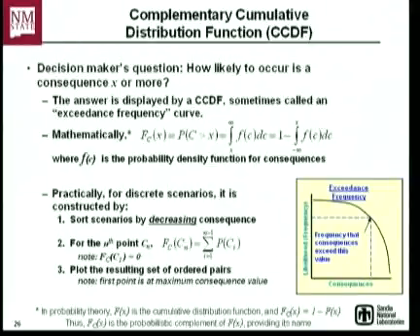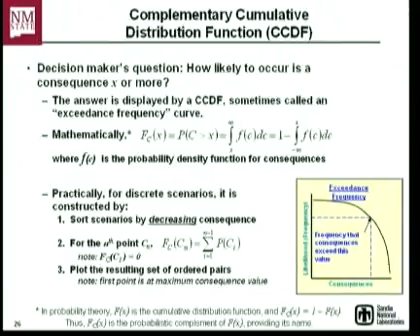In practice, we do things typically for scenarios which are discrete. So I've listed here the procedure for generating a complementary cumulative distribution function for a discrete set of scenarios. We can sort them in decreasing order by consequence, and then we just start adding up the list, and for the nth point, we add up the likelihoods of all of the scenarios that have consequences greater than that value.